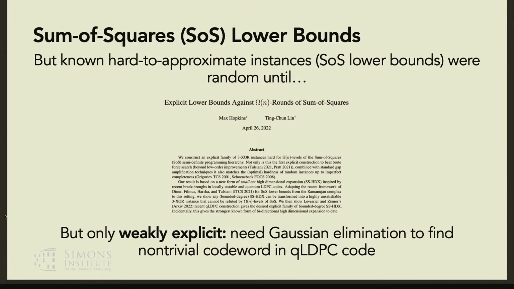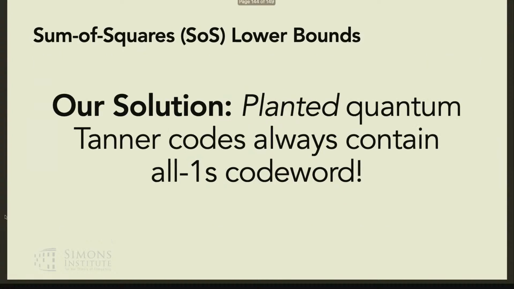The one downside is that the whole point of this was explicitness, but it was actually only weakly explicit. They need to run Gaussian elimination to find some non-trivial logical operator or some non-trivial code word in a qLDPC code. Given this non-trivial logical operator, they were then able to get the SoS lower bound.